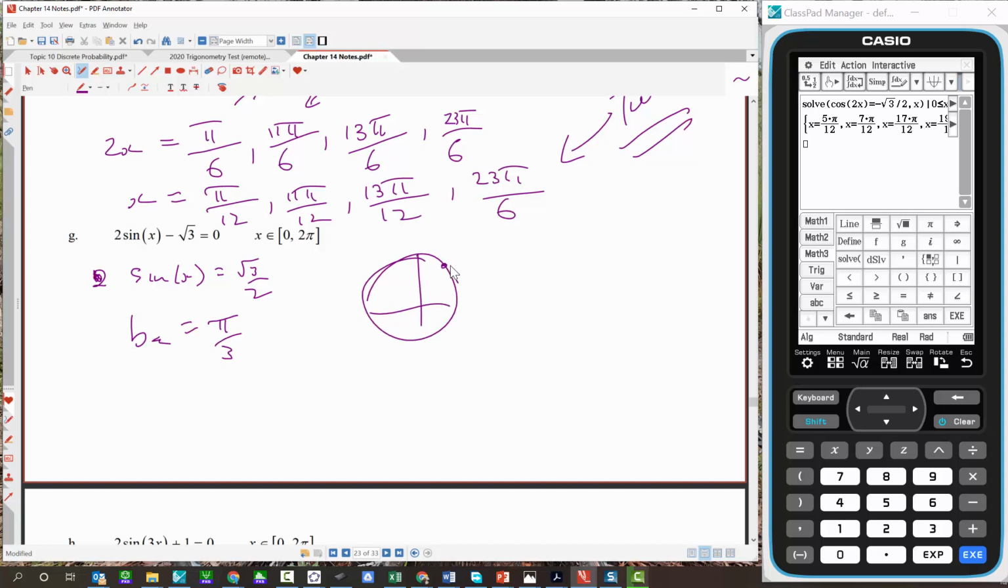So pi on 3 is when it first happens. So x is equal to pi on 3. When's it going to happen again after that? Very quickly, in fact, at 2 pi on 3. Because there's no period change on here, these are the appropriate solutions.